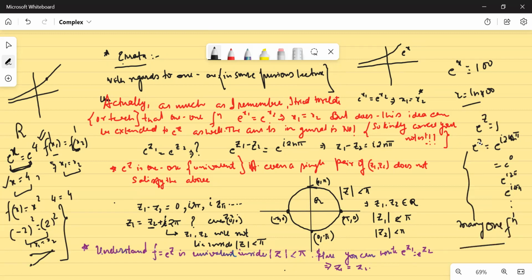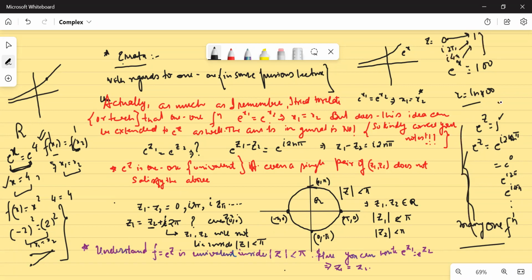So it is a many one function because for a single value of 1, there are many values which map to 1. So for example, if I have on the domain set z equal to 0, it will get mapped to 1. If I have iota 2 pi, it will again get mapped to 1. Iota 4 pi, it will again get mapped to 1. And all those values will get mapped to 1.